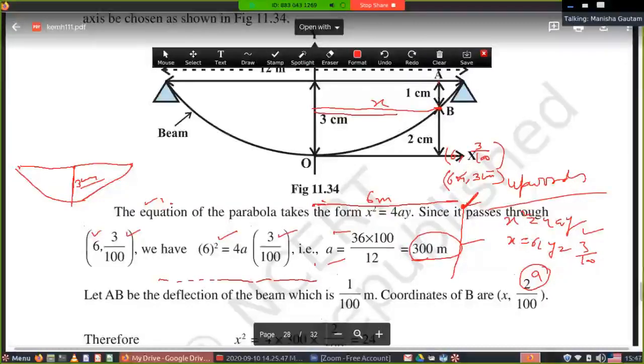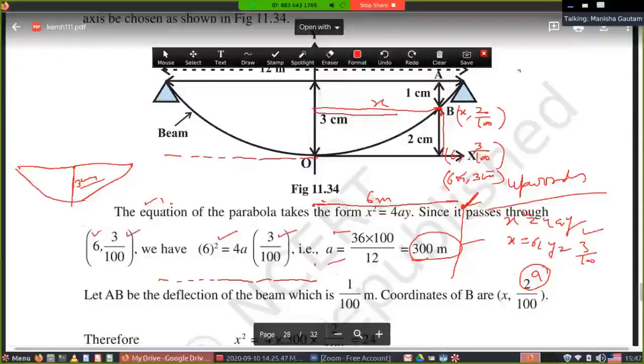It means x is x as it is, and the point will be what? Not 1 centimeter. From here you have to see, this is the x-axis. It means the value is this one. So it will be 2 centimeter, or you can say 2 upon 100 meter. So B is having coordinates x comma 2 upon 100 meters.